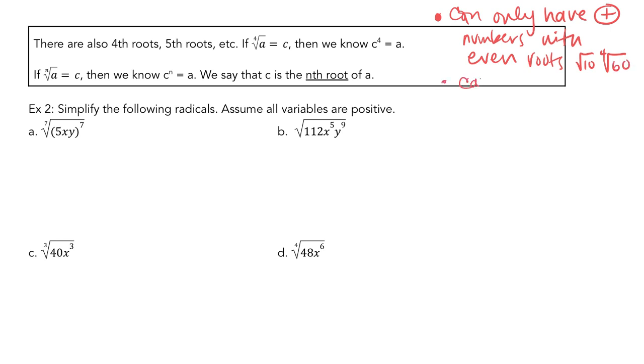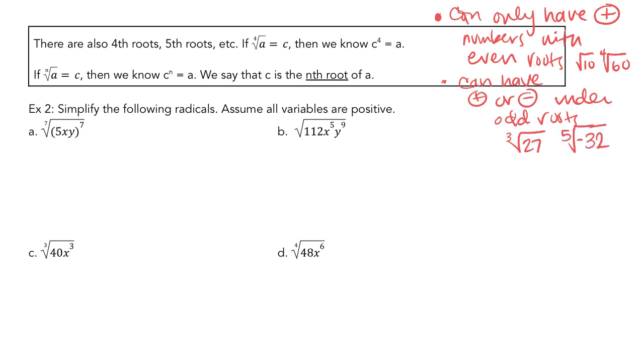But you can have positive or negatives under odd roots. So you are allowed to have the cube root of 27. You are allowed to have the fifth root of negative 32. It just means that if you have an odd root with a negative radicand, then your answer will be negative. Okay, so sorry that wasn't super clear.